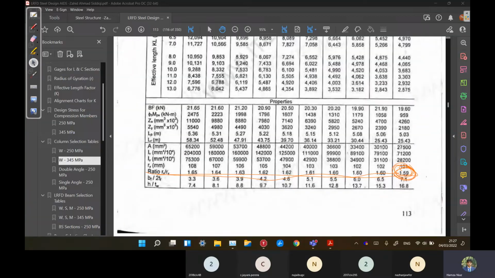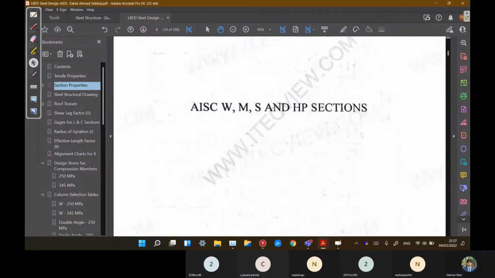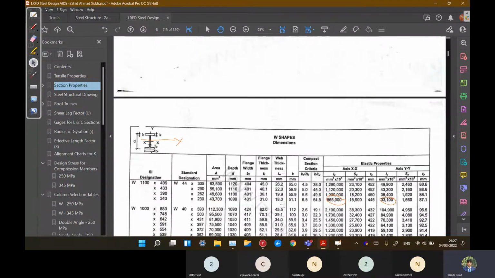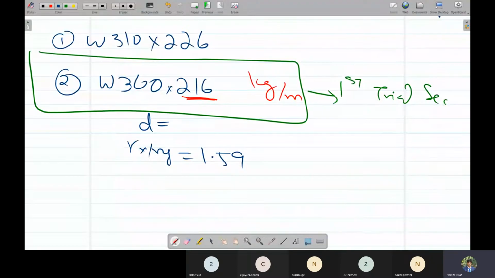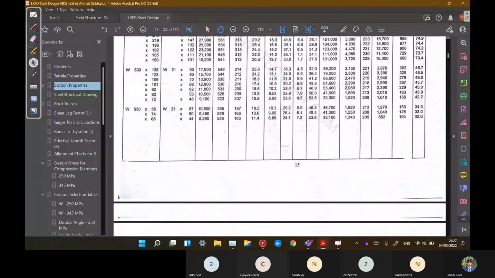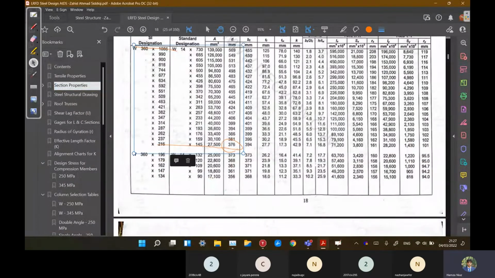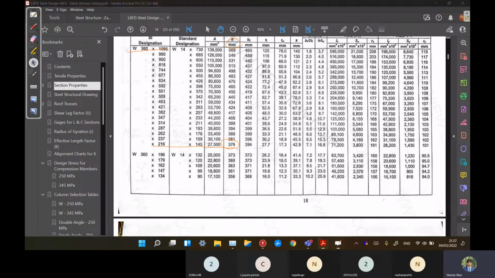For the D value, we have to go to the starting pages, the W sections. We have to find this section W360 into 216 here: 840, 690, 610, 410, 360. This is W360, this is 216. So D is 376. This is D, the depth of the section.